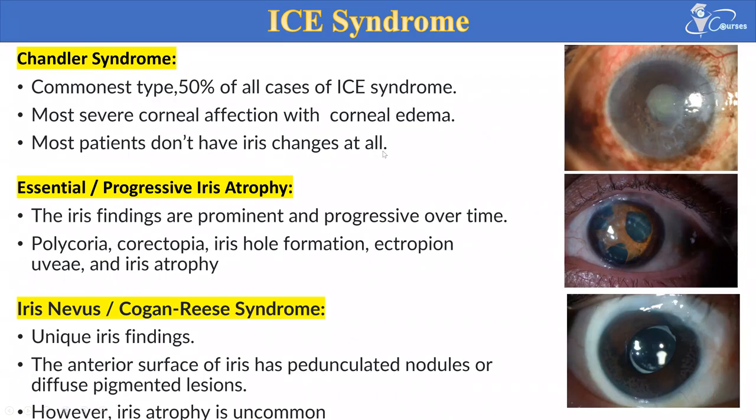So you see, it's called iridocorneal endothelial, so you are expecting to find iris atrophy, polycoria, but this is not the case. Most of those patients don't have any iris changes. So how can you suspect it? You will suspect it by the presence of beaten bronze appearance.